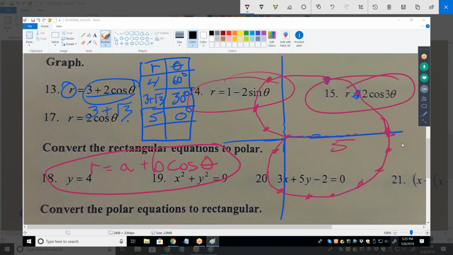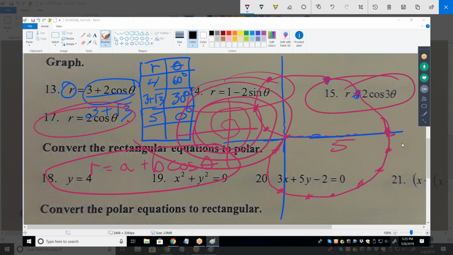Now, there are tables in your book that will tell you this is a particular type of graph. It's a cardioid, or it's an Archimedes spiral. Some of them come out like that.